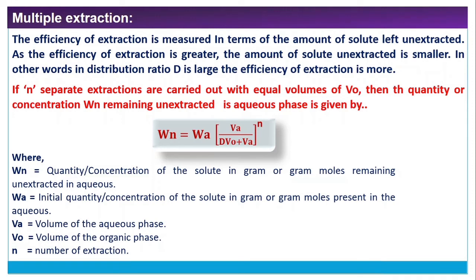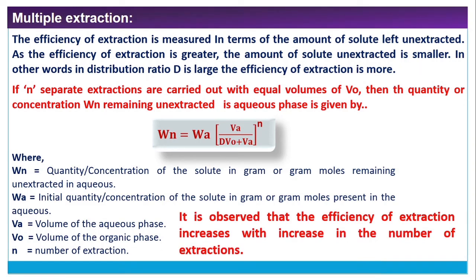This formula is very important for calculating how much solute is left unextracted in the aqueous phase. So Wn is equal to Wa multiplied by (Va / (Vo + Va)) to the power n, where n is the number of extractions.